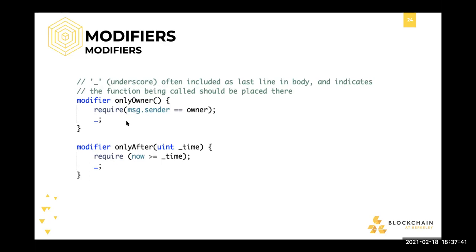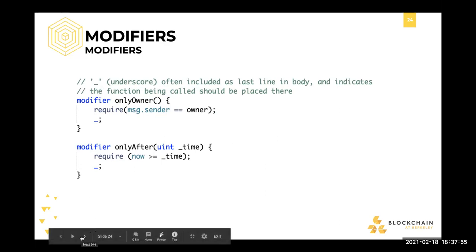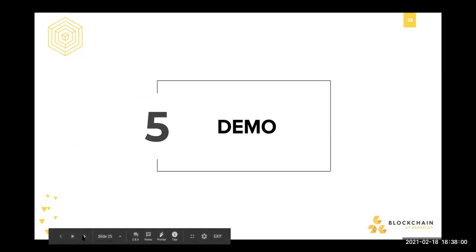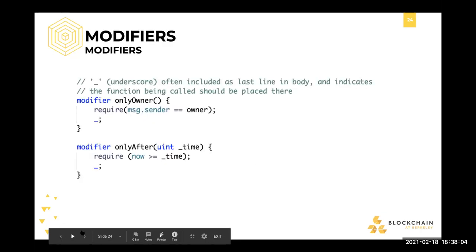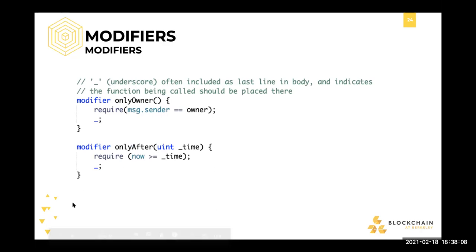For the modifier to work, you put an underscore at the end of the modifier on a new line, which means the rest of the function should come after this modifier. Can you put multiple modifiers, like assert statements? Yep, as long as the line's over here, you can put multiple.